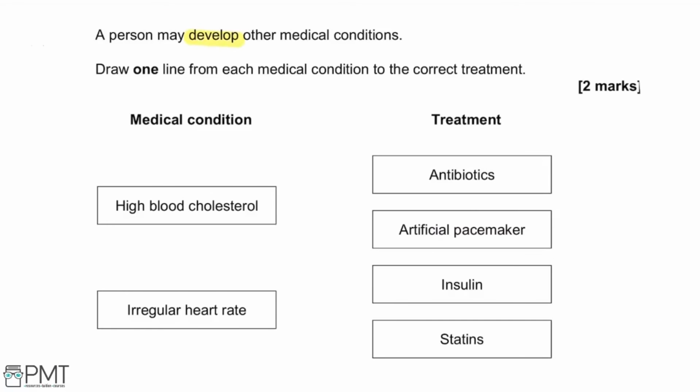A person may develop other medical conditions. Draw one line from each medical condition to the correct treatment. So the 2 medical conditions that we've got on the left are high blood cholesterol and irregular heartbeat. So high blood cholesterol is dealt with by statins, and what these do is lower the cholesterol levels inside the blood.